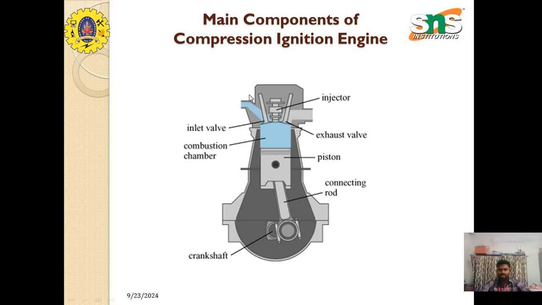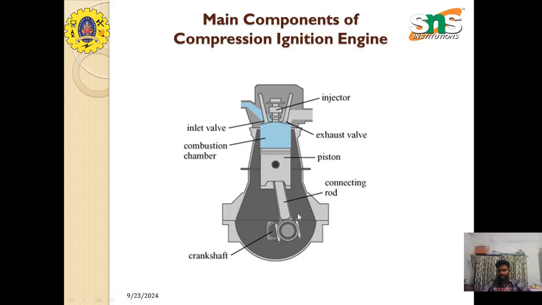The piston moves inside the combustion chamber with a reciprocating motion, and this reciprocating motion of the piston is converted into rotary motion in the crankshaft. The piston is connected to the crankshaft with the help of the connecting rod, which is the connecting medium between the piston and the crankshaft.